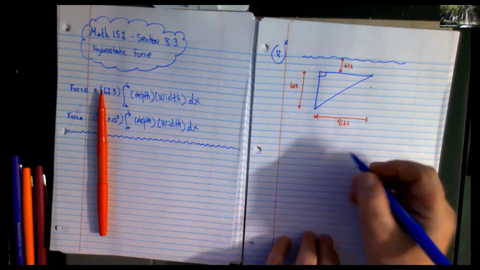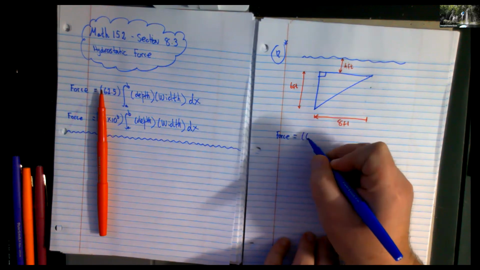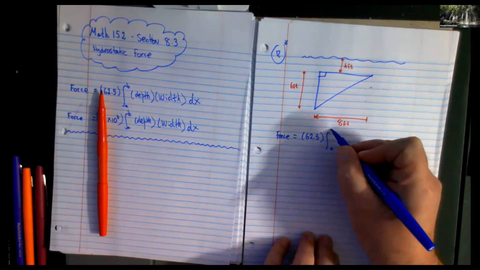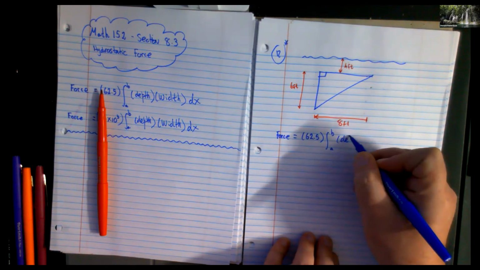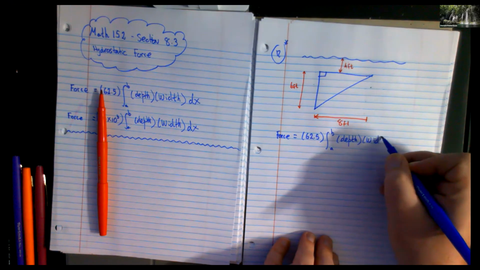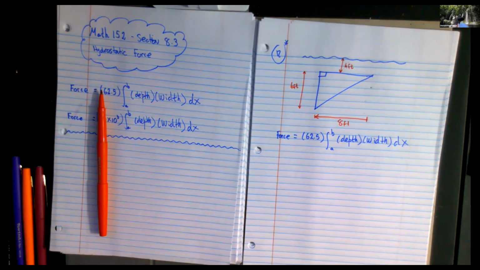So the hydrostatic force is another 62.5 again, the integral from A to B, the depth times the width. This is going to be a little bit harder than the first one, which was just a rectangle. Formula's the same.